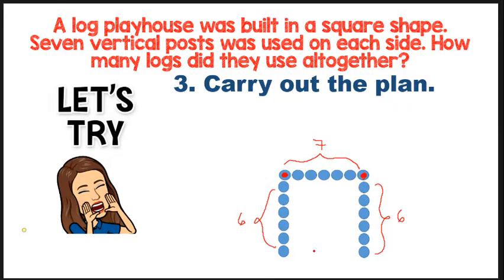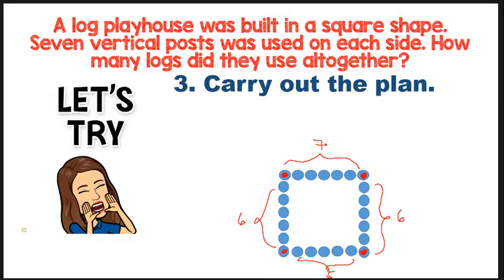And finally, for the last side, since we already have 2 common corners, common logs, all we have to draw is these 5 logs. Now let's count the number of logs that we have.